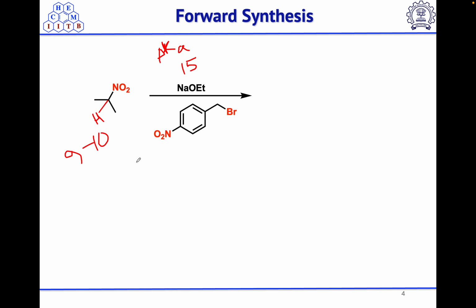So you can guess what will happen. Sodium ethoxide, Na plus and ethoxide minus, will abstract the proton from this nitro compound, alpha to the nitro group.